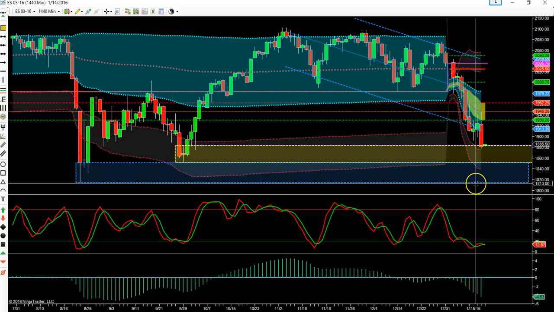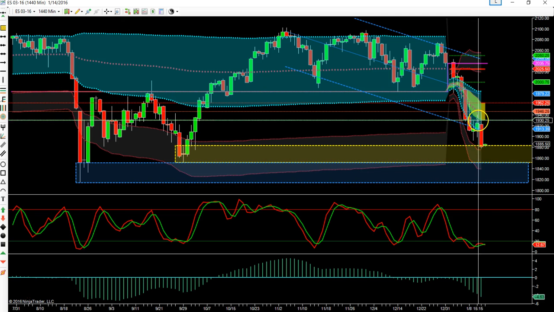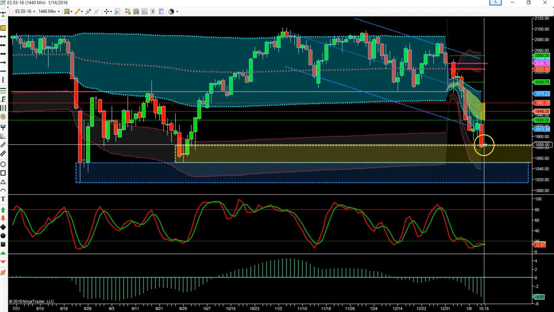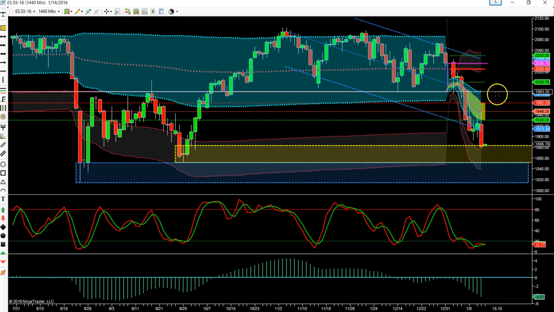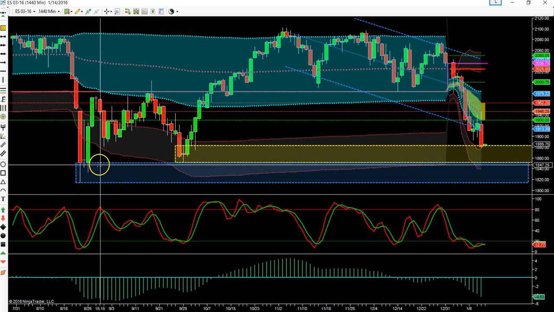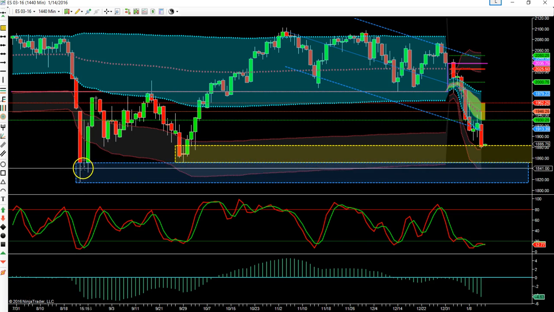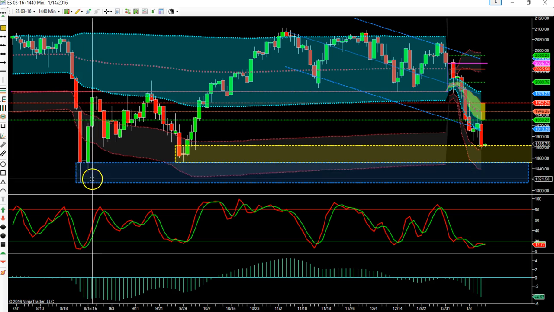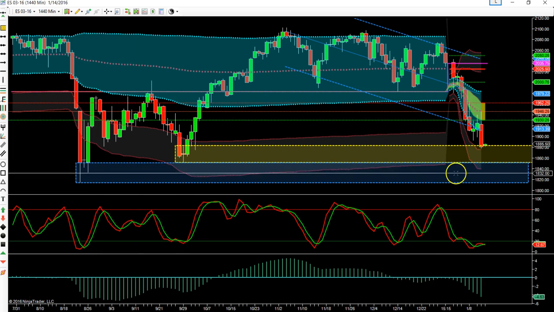This is 1812, 1813. So I would say in the near future, this might be a very good possibility of getting another test. Otherwise, if we don't, then these are very strong buyers that came in here that will be defending this support.